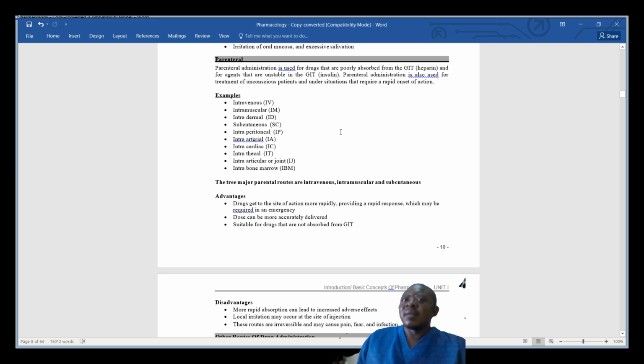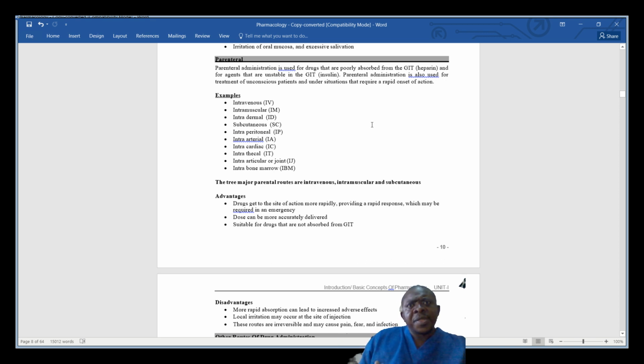So most of them are given through the subcut or subcutaneous route: cutaneous to do with the skin, sub under, so under the skin. Parenteral administration is also used for treatment of patients that need a rapid effect or onset of action in emergencies.